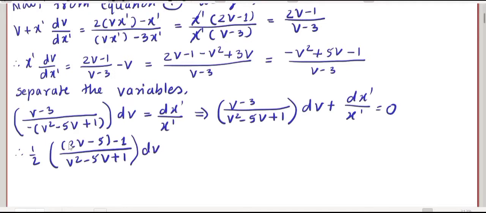We have to only make changes here. So after simplifying, we get the same value, v minus 3, plus dx' by x' is equal to 0. Now we have to split this equation.